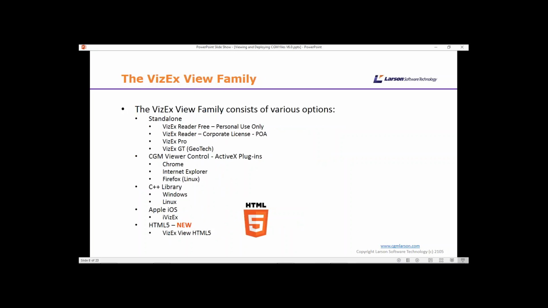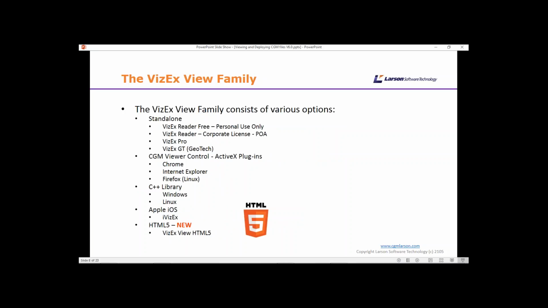So what does the VizEx View family consist of? We have two distinct areas: the standalone, and then the developer environment. In the standalone area, we have off-the-shelf products. You can have VizEx Reader, which is the free version that was mentioned earlier, which we'll show you.